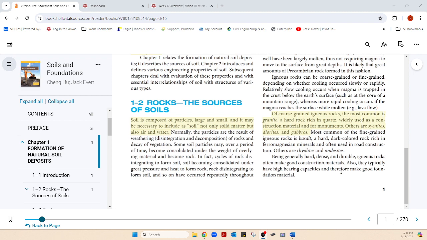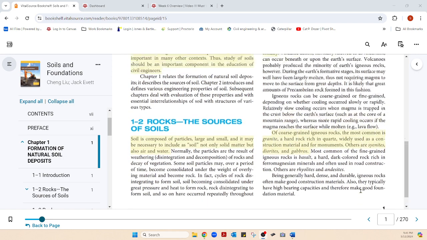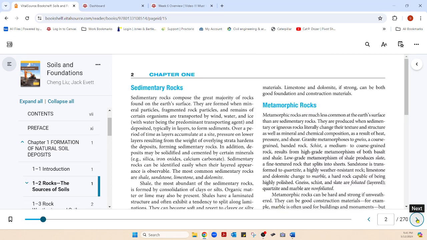Being generally hard, dense, durable, igneous rocks often make good construction material. Also, they typically have high bearing capacities. I'll try not to overread this as you have your own book, but whatever I'm bringing up for the most part you might be aware of. Let's see. Sedimentary rocks compose the great majority of rocks found on the Earth's surface.